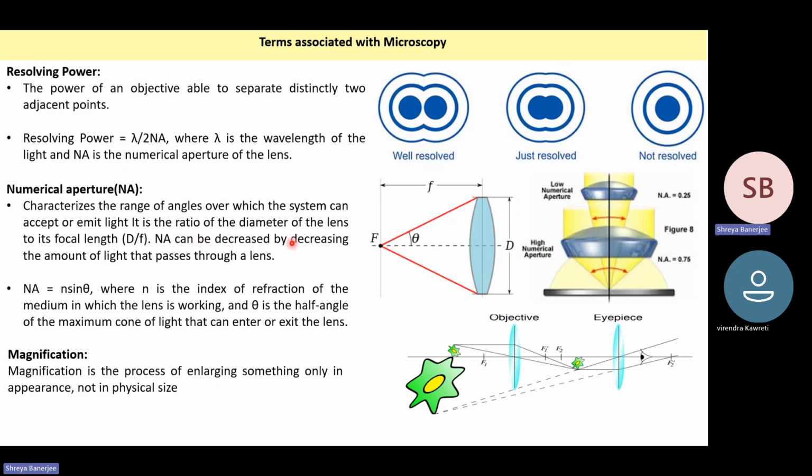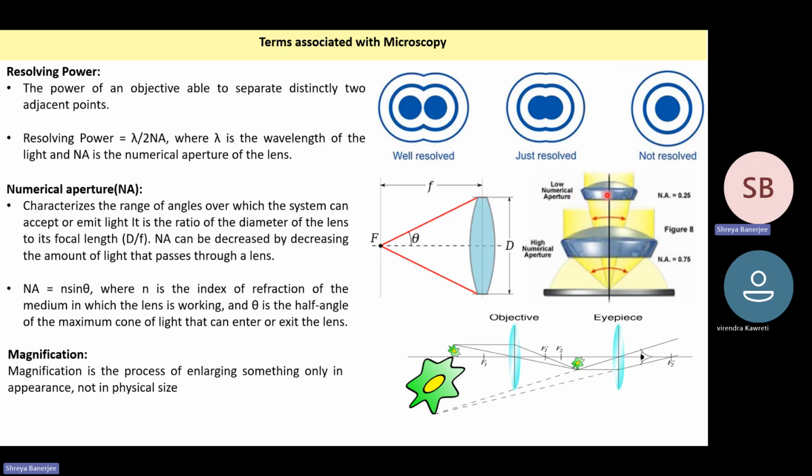And it can be decreased by decreasing the amount of light passing through the lens. So suppose this is a large lens which allows a large amount of light to pass through it. The diameter of this lens is high, so numerical aperture will also be high. You can see it is 0.75. Comparatively, the lens on top is a small lens.